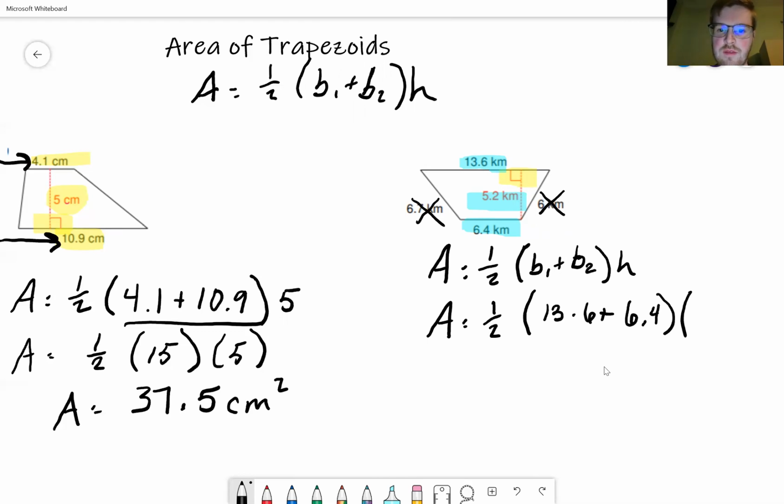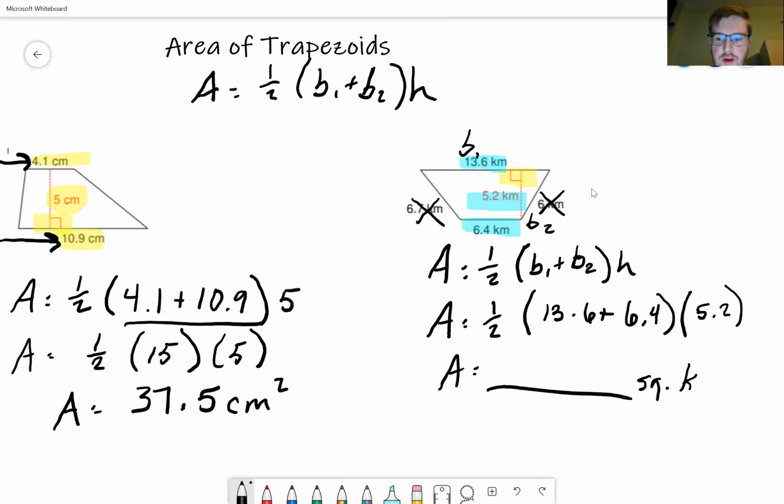So base 1, let's make that 13.6. 6.4, let's make that base 2. So 1/2 times 13.6 plus 6.4 times my height of 5.2. And then again, you guys can go back in there, fill in the blank for me, figure out what that area is, and remember, area is always in square units. That's very important.